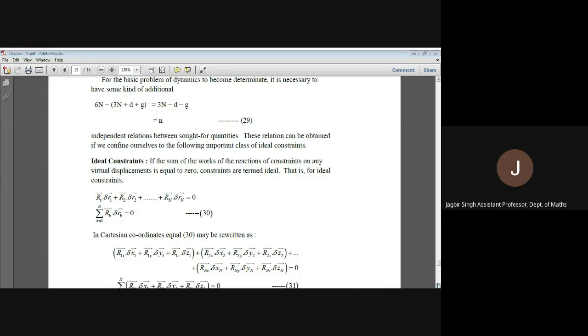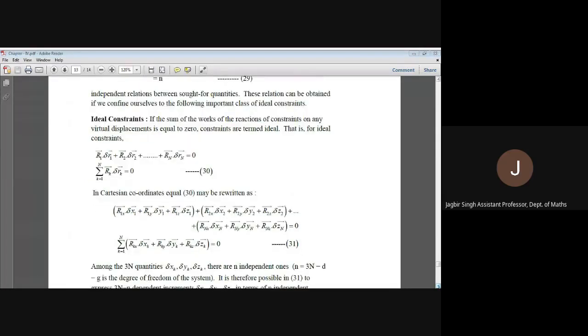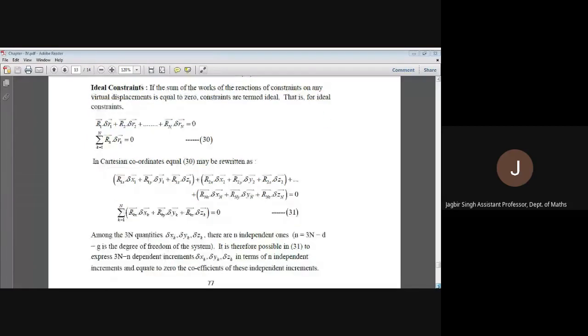Means R1 δr1 plus R2 δr2 plus Rn δrn is equal to 0, or summation k from 1 to n Rk δrk is equal to 0, then the constraints are known as ideal constraints. In Cartesian form it is explained. R is a force having 3 components, δr is a displacement vector, so it will have 3 components, and in Cartesian form it is written.